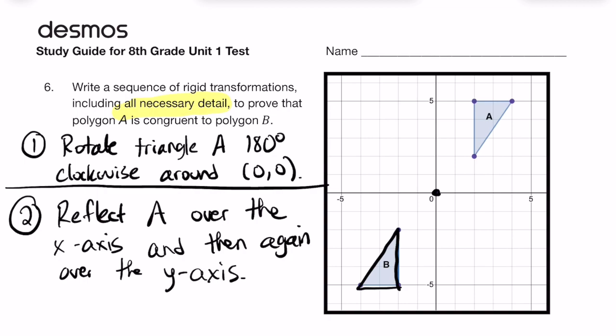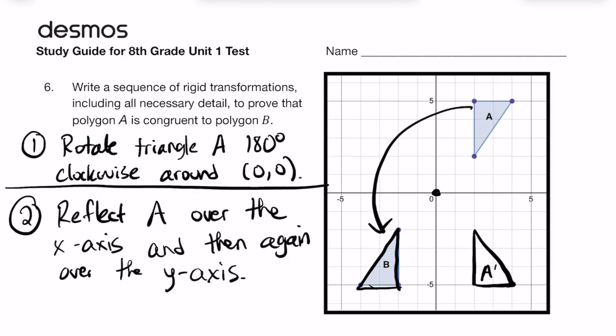That's a fun fact: it is important to know that rotating 180 degrees is equivalent to reflecting over the x-axis, which would look like this, and then reflecting over the y-axis. So either answer there would work. There are other answers too, but those are the main ones.